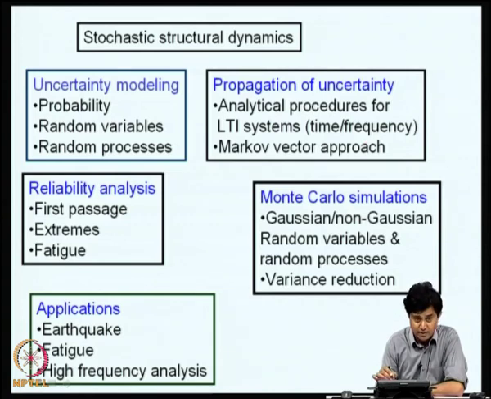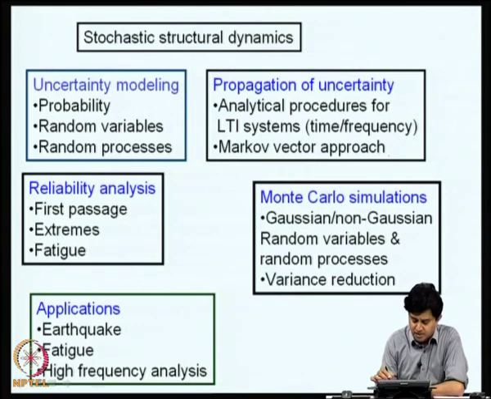Thus, we can study the time evolution of the transition probability density function of the response vector using the Fokker-Planck equation. We can solve problems in reliability by using the backward Kolmogorov equation. We can set up equations for the time evolution of response moments. We can set up equations for moments of first passage time. So, several tools become available when the problem can be modeled using the Markov vector approach.